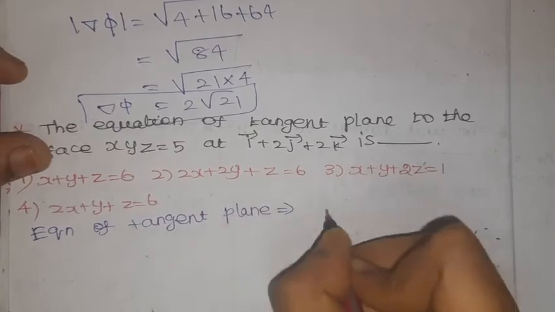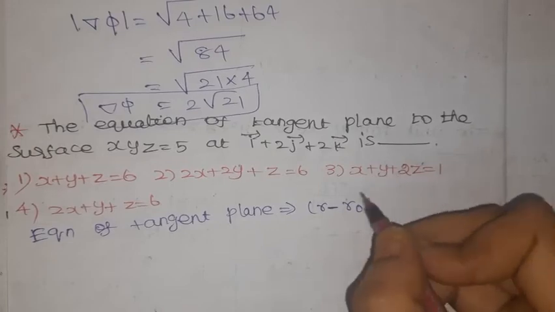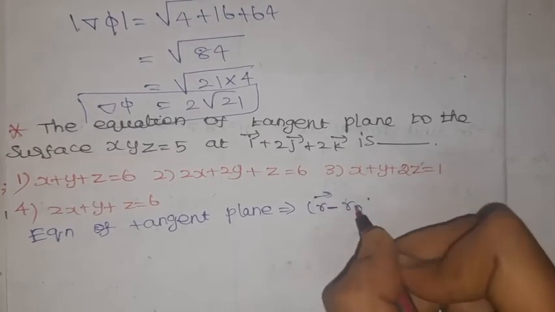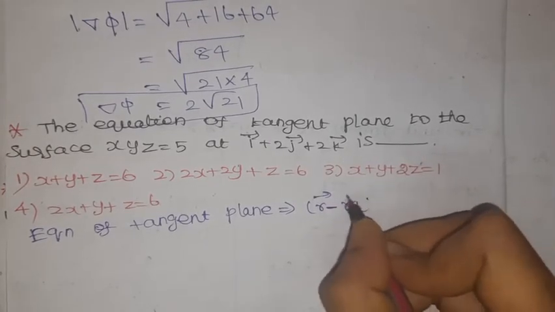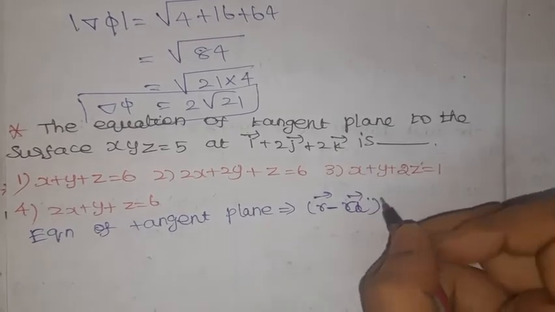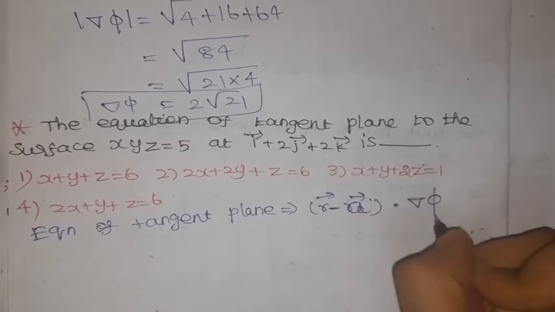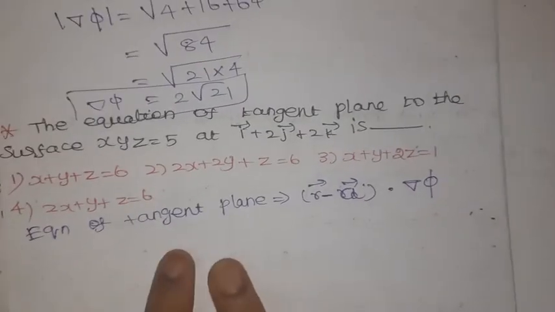The equation of the tangent plane is: r vector minus a vector, dot del phi.